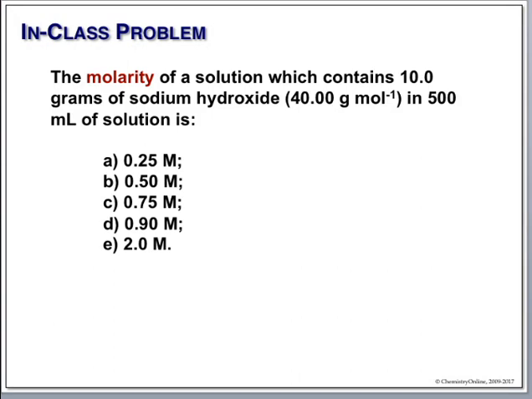We're looking for molarity. That's moles divided by liters, right? How many moles? Well, we have a mass and a molar mass. That gives us moles. Mass divided by molar mass is moles. Simply divide that by our volume, and we got it.